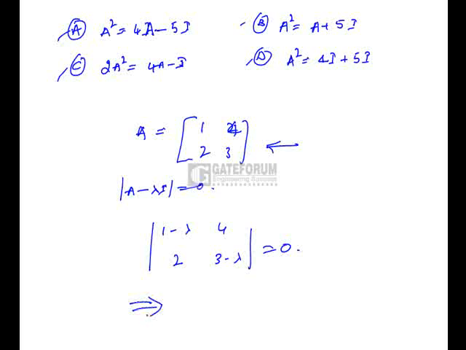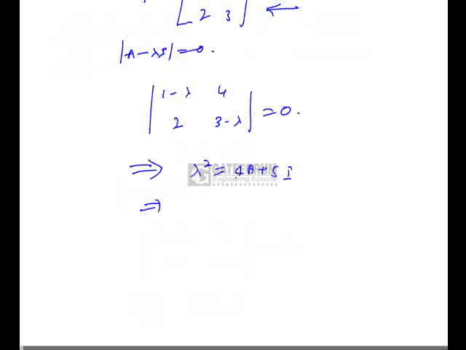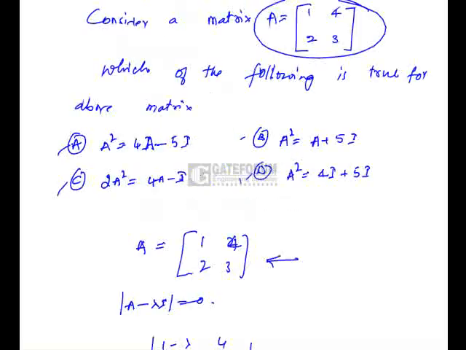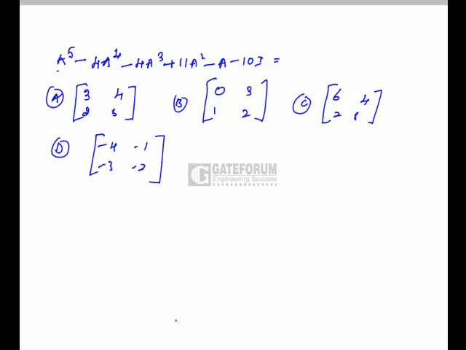If we simplify, it will be λ² = 4λ + 5, so it can also be written as A² = 4A + 5I, which is nothing but option D. We have to find A^5 − 4A^4 − 4A^3 + 11A^2 − A − 10I.